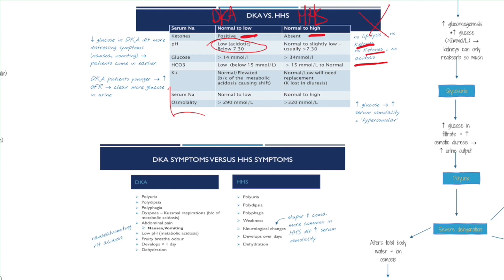Glucose, again, it's going to be above 14-ish in DKA and above 20 to 34 in HHS. The bottom line is it's high. Usually by the time the patient comes in to emerge, their glucose level is much higher in HHS. The theory is that the symptoms of DKA, not just the polyuria, polydipsia, polyphagia, but this acidosis causes pretty severe nausea, vomiting.